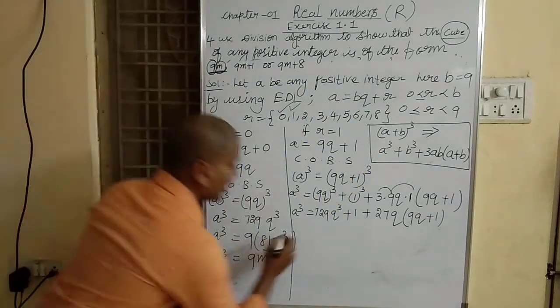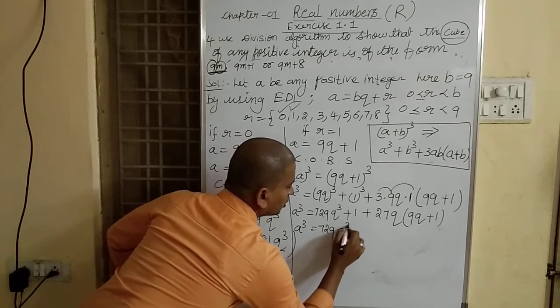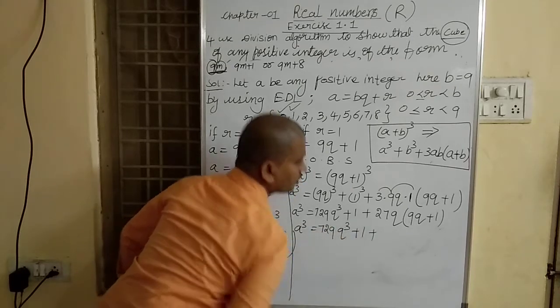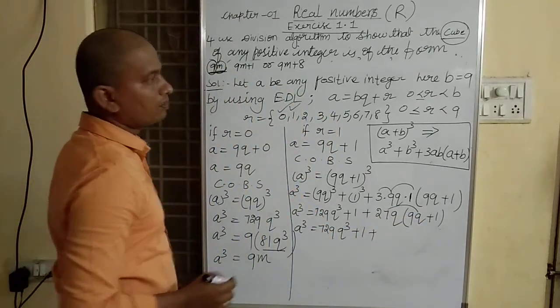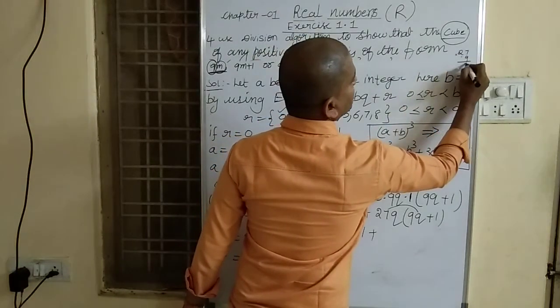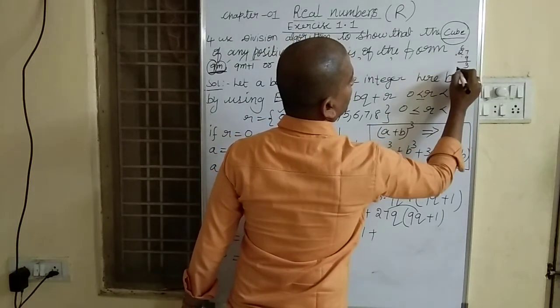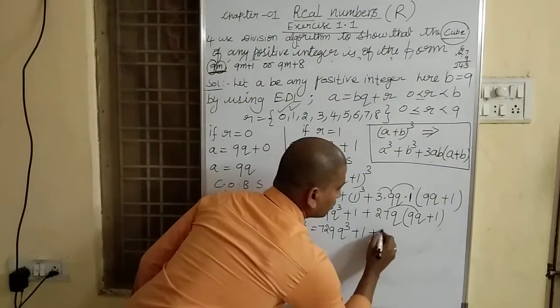Okay, so a cube equal to 729 q cube plus 1 plus 27 q into 9q. Let me multiply 27 into 9: 9 sevens are 63, 9 twos are 18 plus 6, 243.